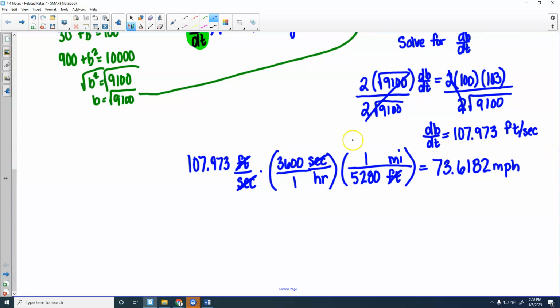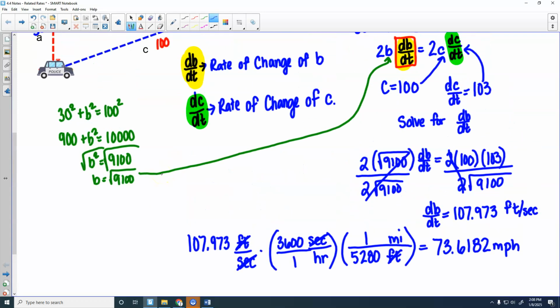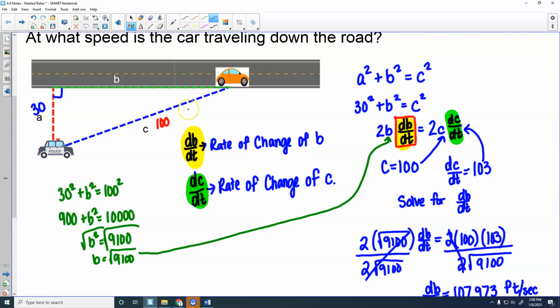Okay. So you can see it's only like 3.5 miles per hour difference in the speed, but there is a difference. So I definitely could see a scenario where this might be important to know. Now, again, I'm not an expert on police radar. They may have something built into the system to account for that, possibly. I don't know.